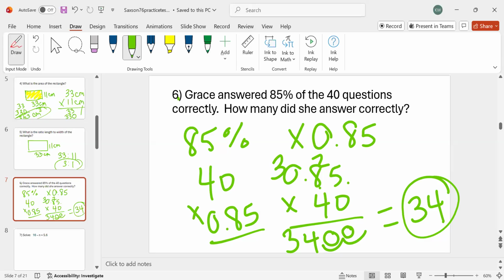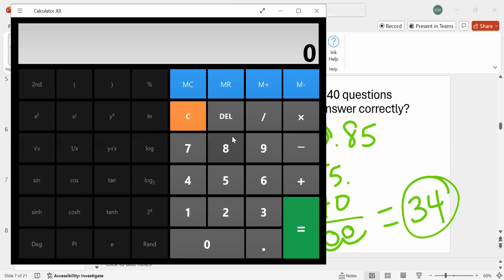85% of 40. We can go to the calculator and say 40 times 0.85. That gives us 34. We could probably also say, look, this particular calculator, not all calculators have this, but we can see up here that there is a percent sign. So let's try going 40 times, I'm going to put in parentheses, 85%.